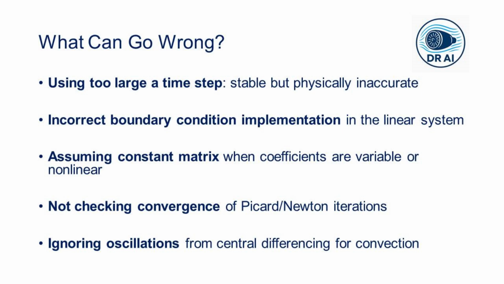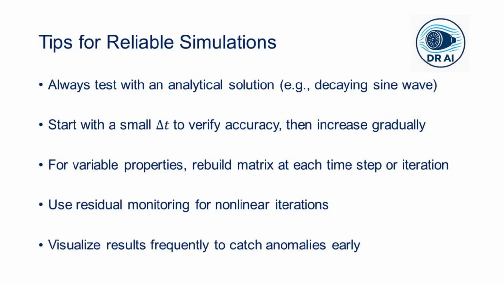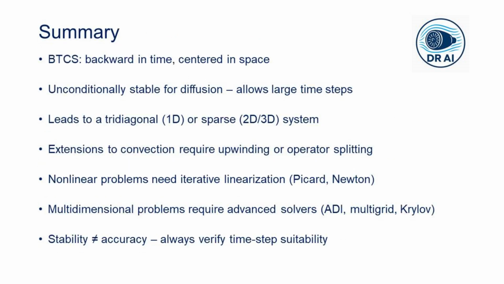So, to close, I hope that you now have a solid understanding of the backward in time centered in space scheme, what it is, why it's stable, and how it can be extended to more complex equations. So BTCS is a workhorse that teaches you the essence of implicit methods.